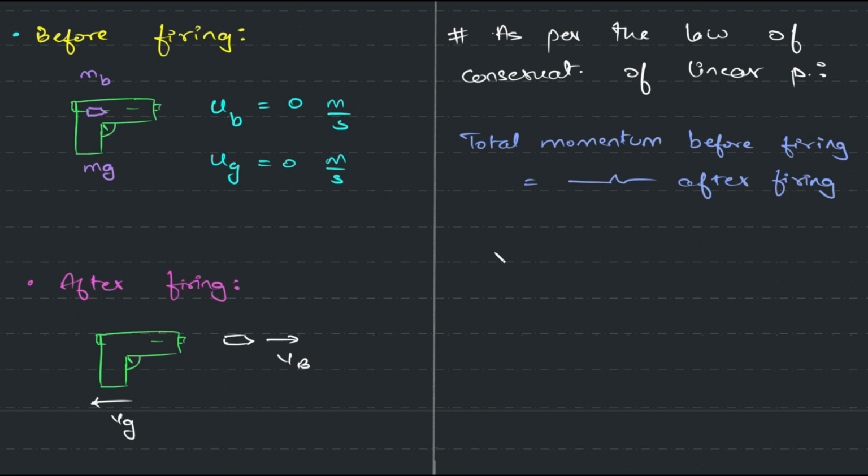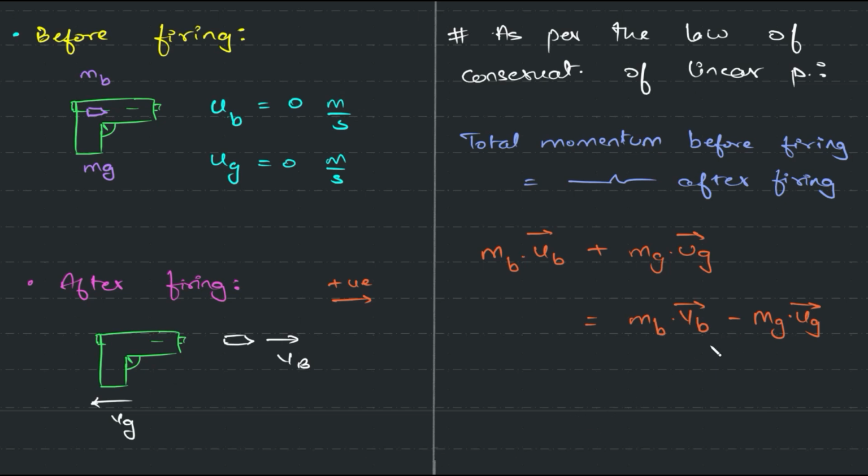So what is the total momentum? Well, momentum of the bullet plus the momentum of the gun. So momentum of the bullet is mbub and mgug. This is equal to mbvb and, in vector form, minus mgvg. I'm taking right as positive.